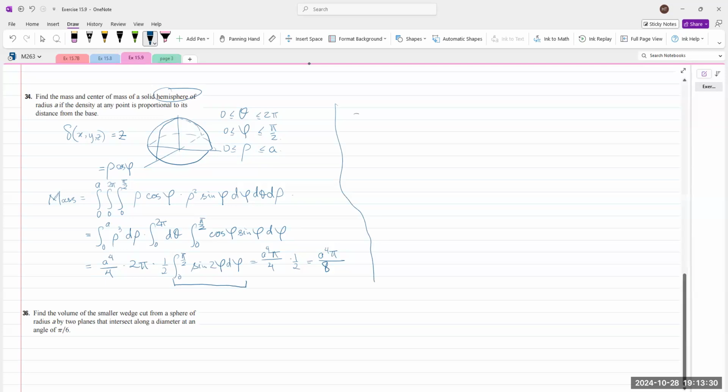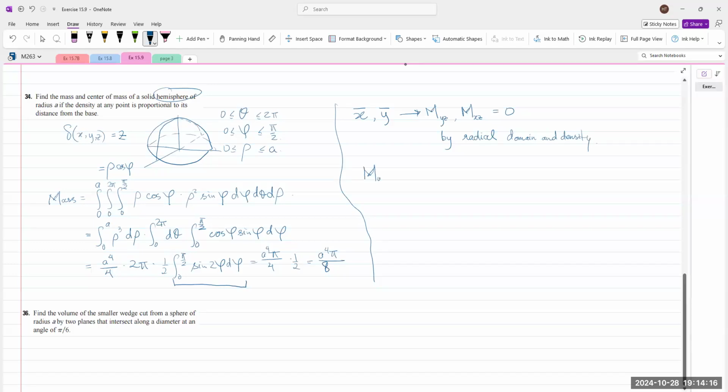The x bar and y bar, coming from the moment with respect to the yz plane and the moment with respect to the xz plane, you will see both of them equal 0 by radial domain and density. Okay, the setup will be like this.